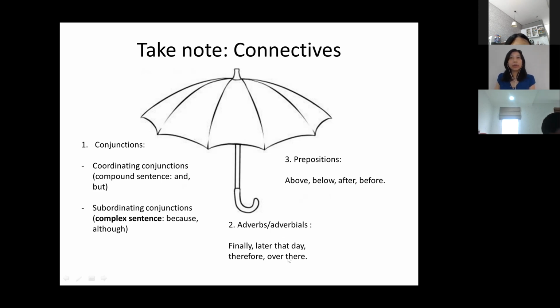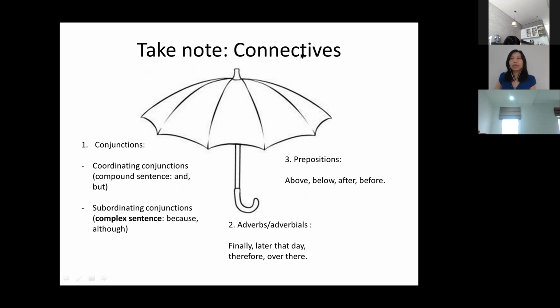"One day" is showing time, so yes, it's a connective also. Remember, connectives are words whose function is to connect. Now, we are learning about subordinating conjunctions because we are discussing complex sentences. That's the thing you need to understand.